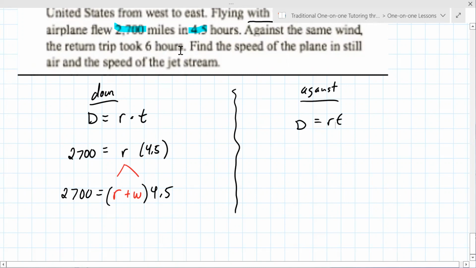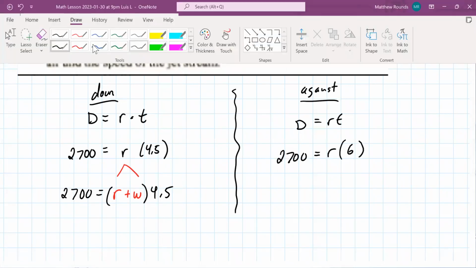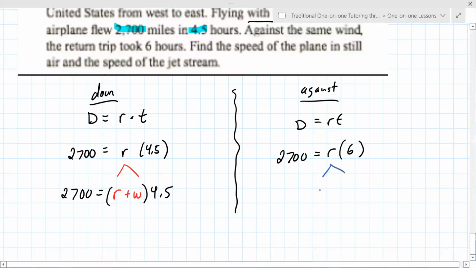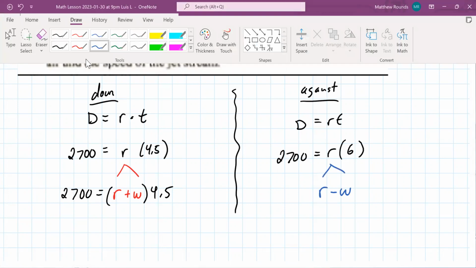Encoded in that is how far did it go on the return trip? 2,700 miles, the same distance. It took longer, 6 hours. So the rate this time, the key difference, is R minus W. The wind slows you down.